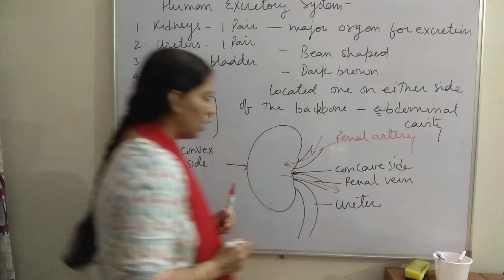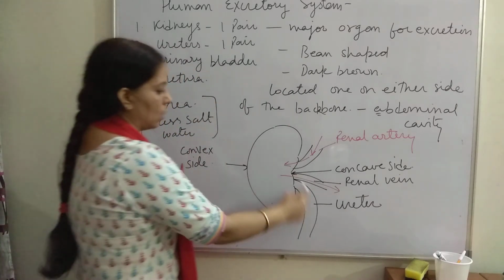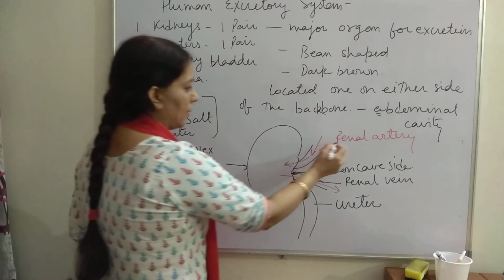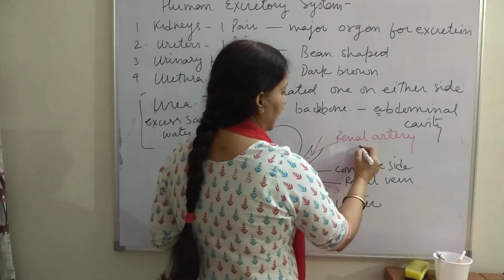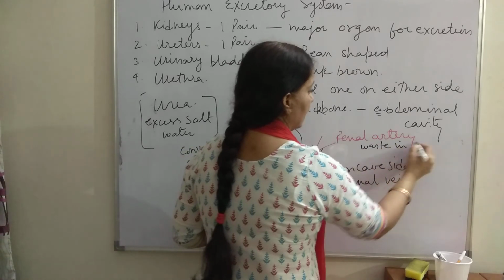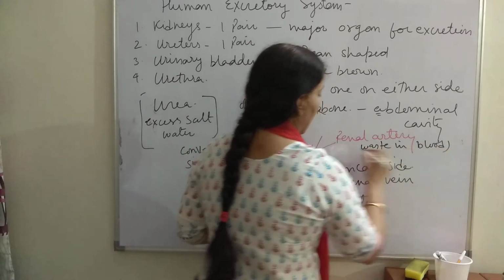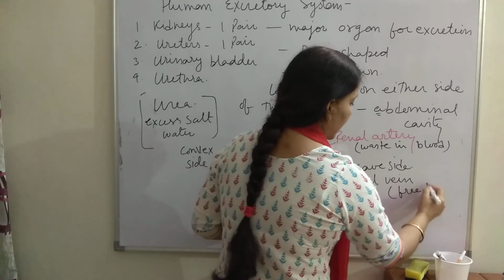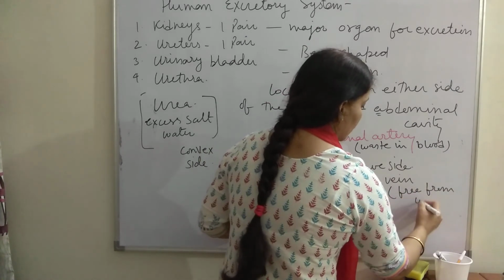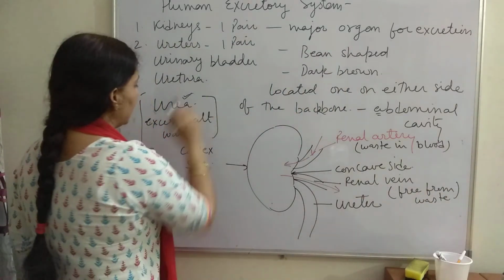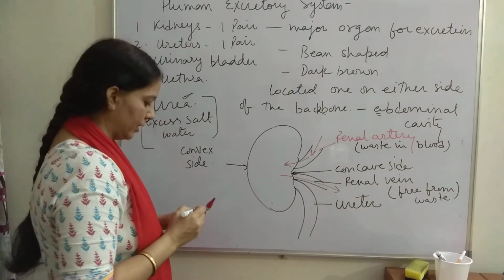It is a long tube running downwards to join the urinary bladder. So we have to remember that the renal artery carries waste in blood, and when the renal vein comes out, it is free from toxic waste, mainly urea, excess salt and water.